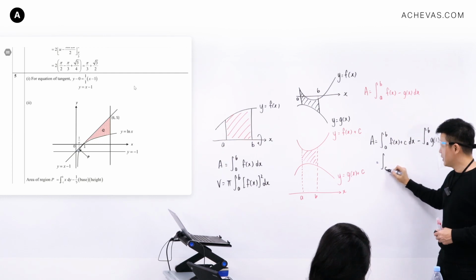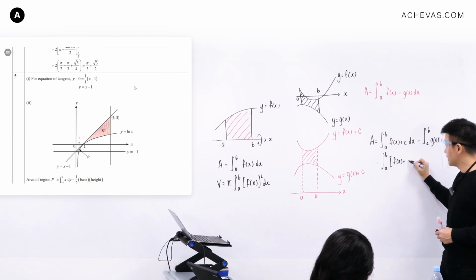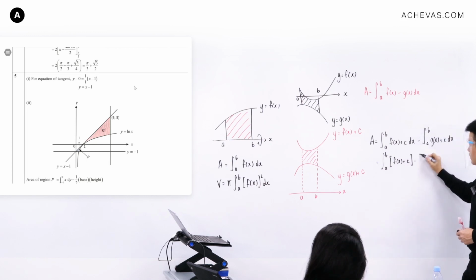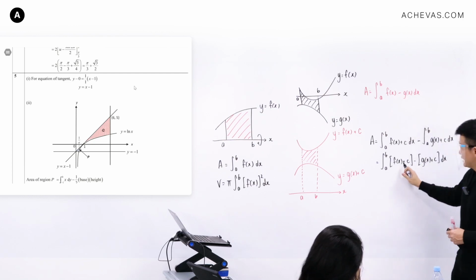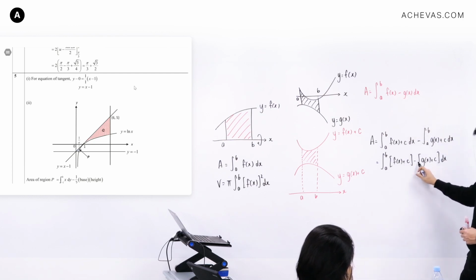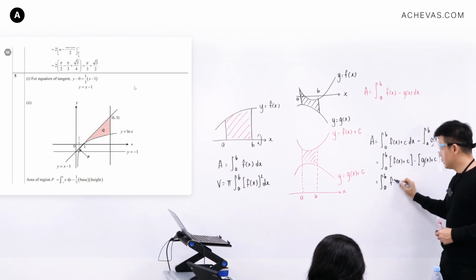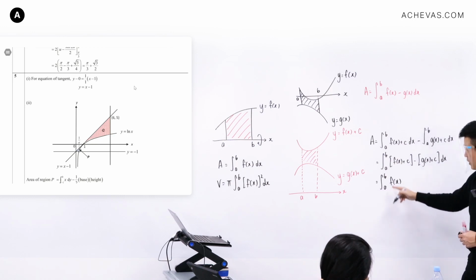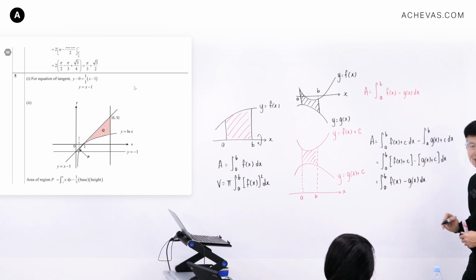So I can re-express this as integral from a to b of f(x) plus c, then minus away this, which is g(x) plus c, then dx, which means that the plus c and the plus c here, they will be minus off, which will leave me with a result that is integration from a to b of f(x) minus g(x) dx.